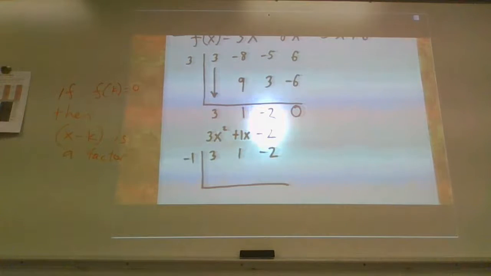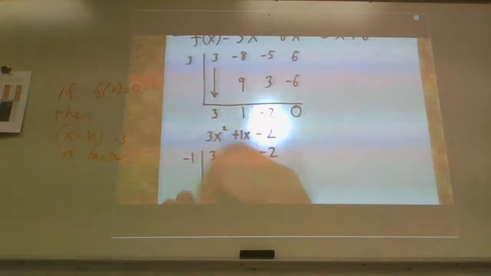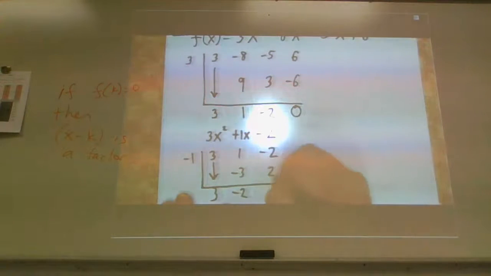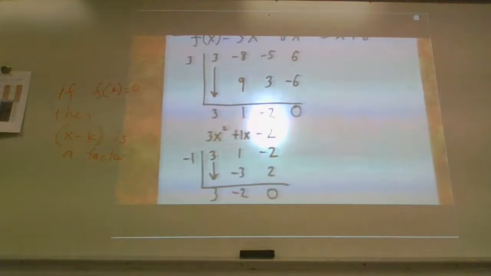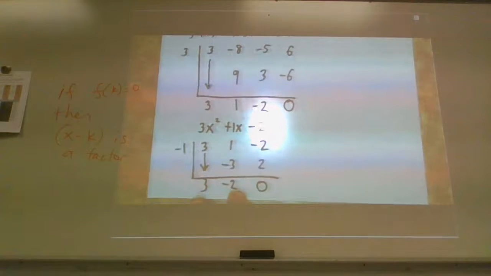Let's see what happens. 3, multiply, add, multiply, add. Nailed it. You tell me, what equation do I have left over at the bottom of the screen?